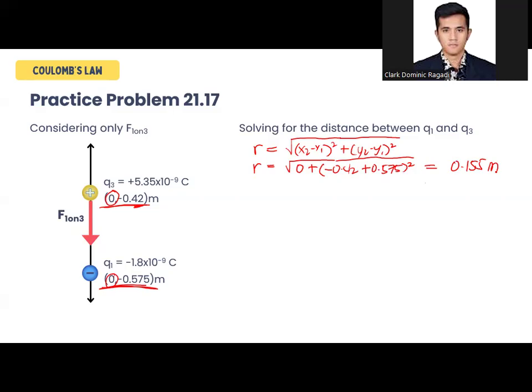Then we can proceed to calculating the magnitude of F1 on 3 using Coulomb's law. So F1 on 3 is equivalent to K times the absolute value of Q1 times Q3 over R squared.